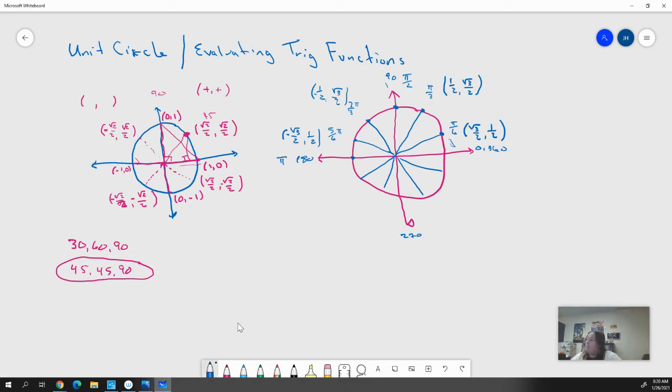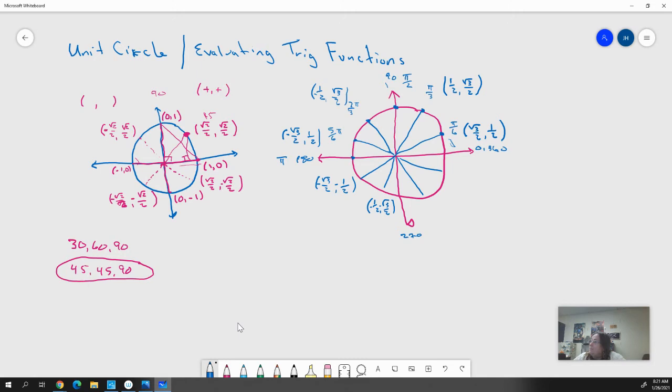Here we're going to look at it the same way, but now we're going to look at it as flipping it on the x-axis, like we're always kind of counting from this line right here. So if I came down here, this is going to be radical 3 over 2, 1/2. This is going to be 1/2, radical 3 over 2, right? But in this one, everything's negative, right? Because our x and our y are both negative in this quadrant.